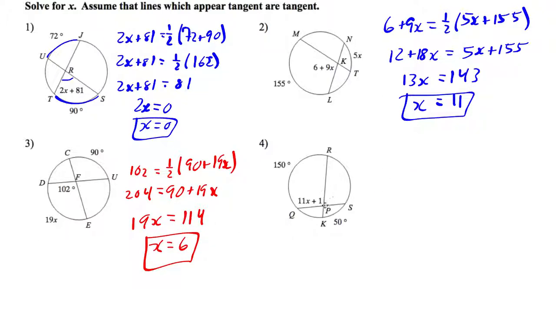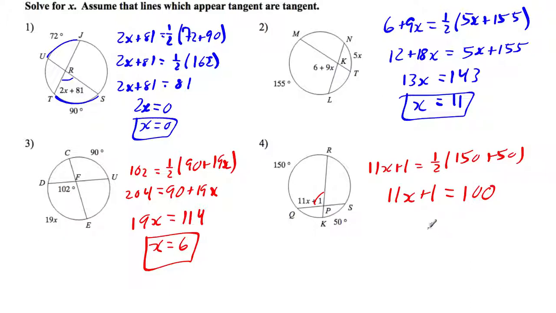And finally, this is not a great picture. This is the angle there, so 11x plus 1 is equal to 1/2 of 150 plus 50. Those are nice numbers because 150 plus 50 is 200, and 1/2 of 200 is 100. So 11x is equal to 99, so x is equal to 9.